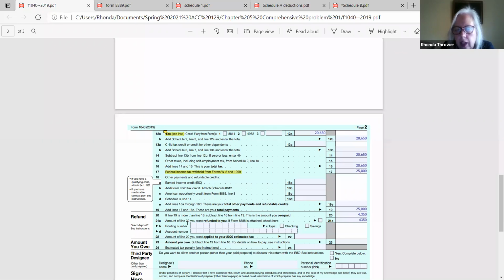And then if line 19 is more than line 16, line 19 is 25,000, line 16 is 20,650. Line 19 is more than line 16. So this is the amount that you overpaid. You're going to subtract the 20,650 from the 25,000, and that will leave you with 4,350 that is to be refunded to you.